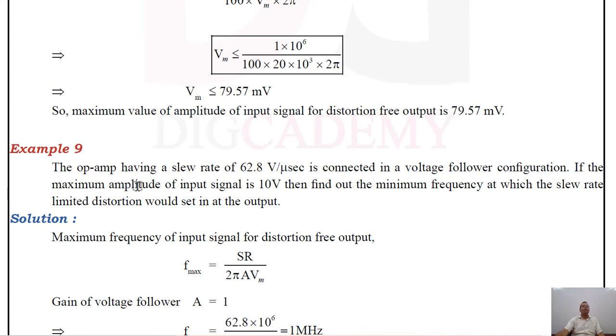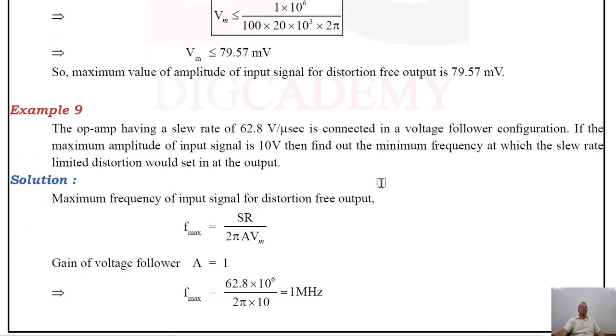If the maximum amplitude of the input signal is 10 volt, then find the maximum frequency at which slew rate limited distortion would set in. It means just the introduction of the distortion. So we have to find that, not maximum, rather minimum frequency. That will be the maximum frequency at which there is no distortion, or we can say the minimum frequency at which distortion will be introduced. Fine.